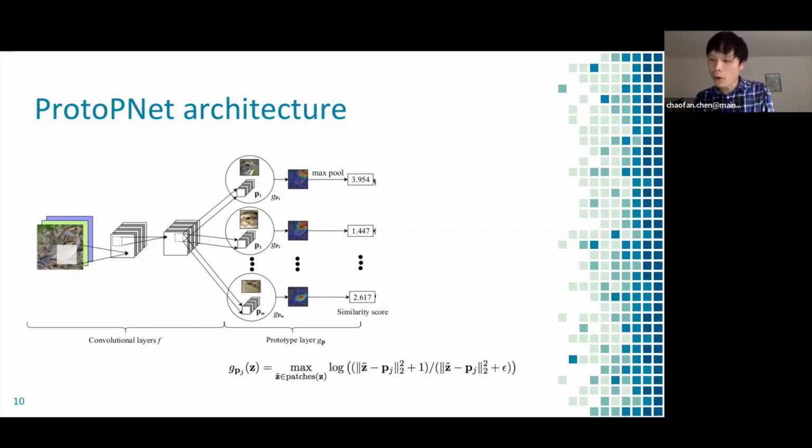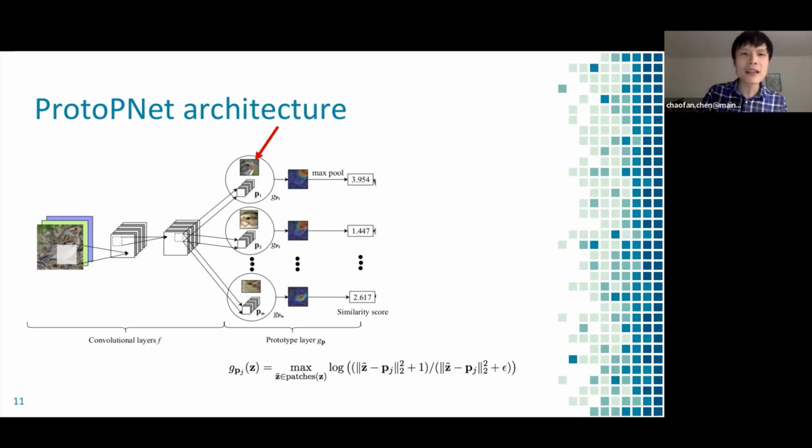To give you a more concrete example, the top prototype here corresponds to the head of a clay-colored sparrow. I'll talk about how we visualize different prototypes later. But for now, just take this particular prototype as corresponding to the head of a clay-colored sparrow.